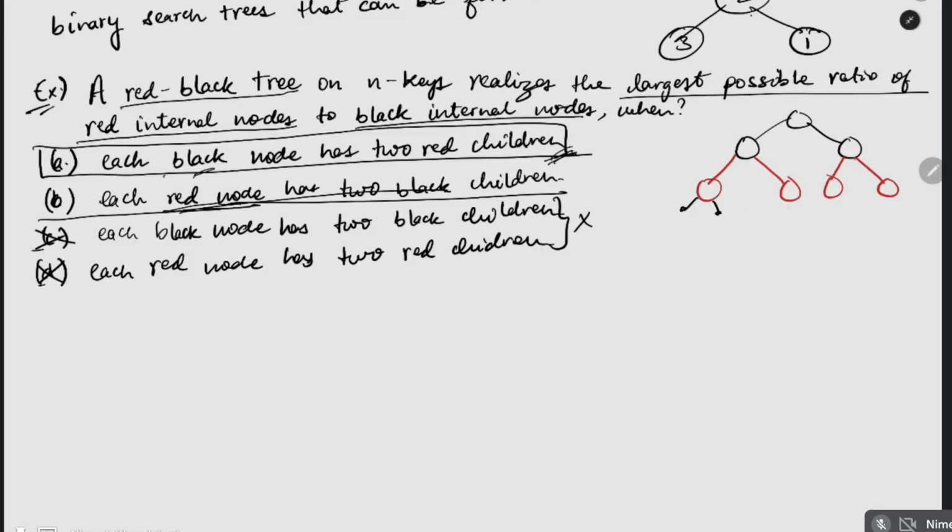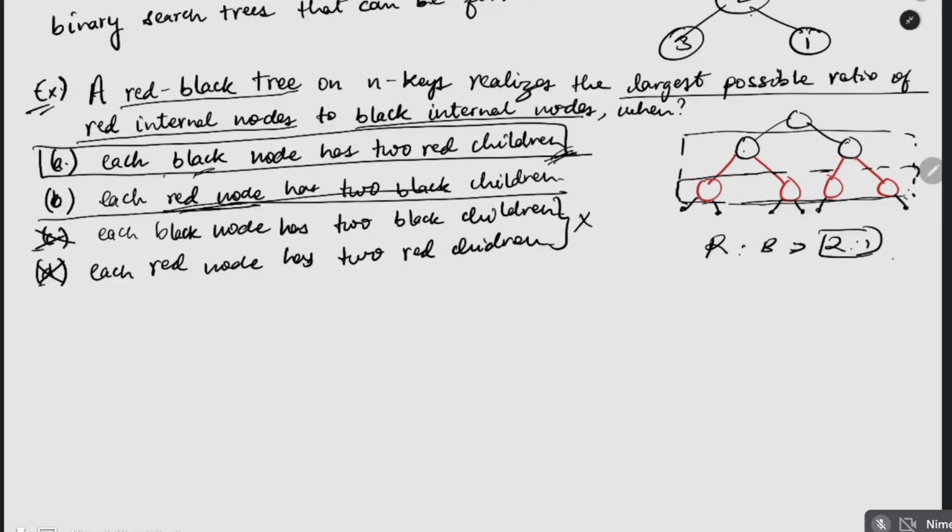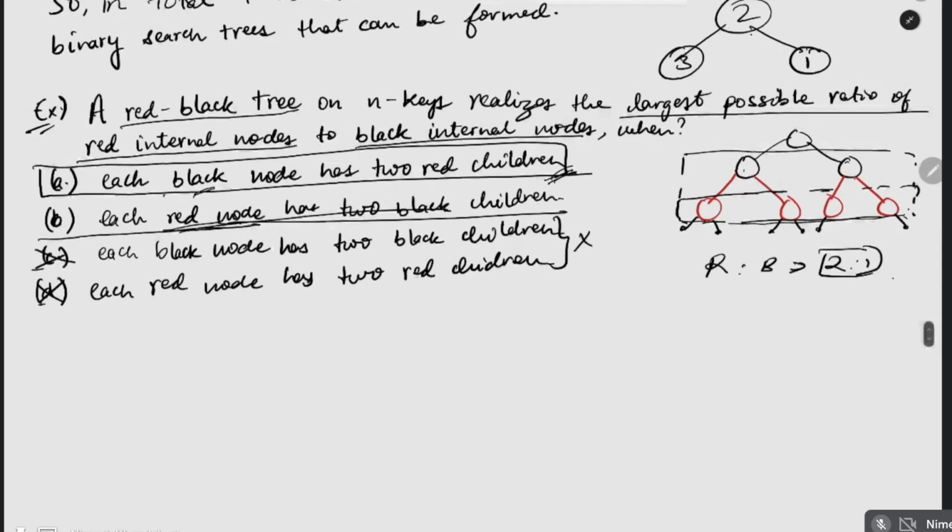So these are the internal nodes. Of course in this case, since every black node has two red children, the ratio of red to black is high. So here the answer is A.